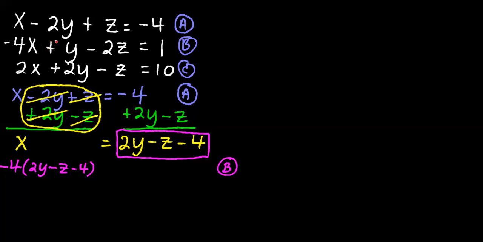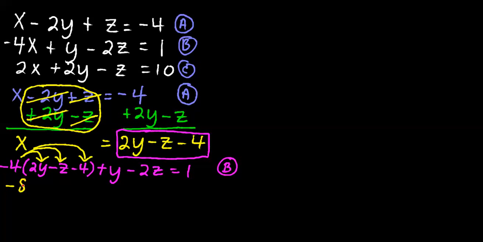I'm going to continue on with the rest of the equation: plus y minus 2z equals 1. I'm going to clean that up by using the distributive property, which means I'm going to take my negative 4 and multiply it by all 3 of the terms inside the parentheses.